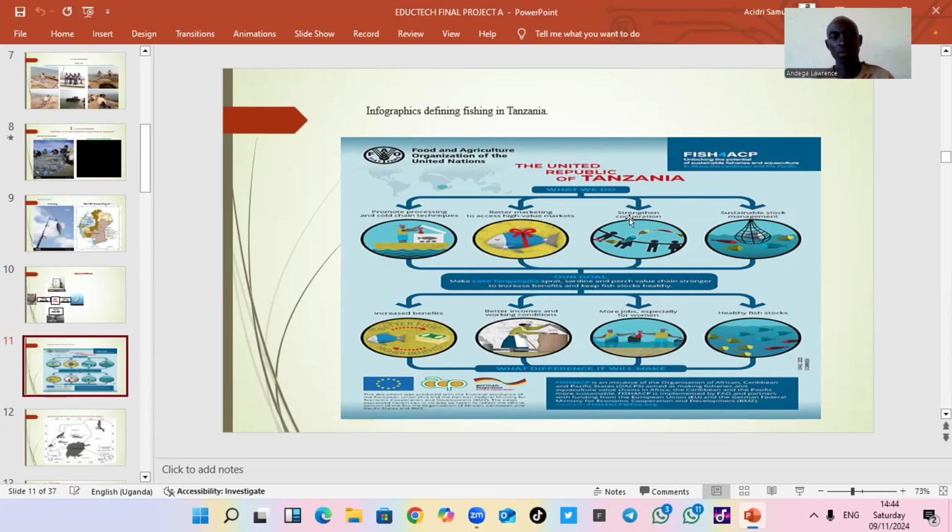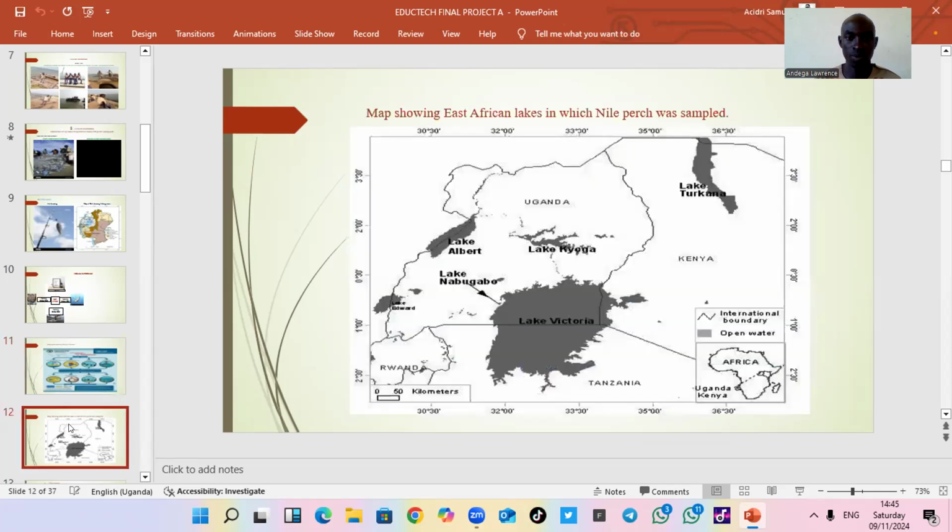So this is very important, and it is a picture from the Food and Agriculture Organization of the United Nations, which works in Tanzania. So this is an infographic showing the different fishing activities that are done, especially when it comes to fish stocking and marketing. So it can be used in the lesson production.